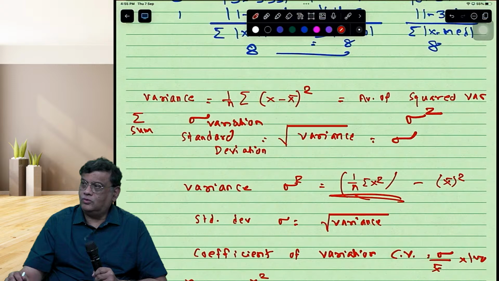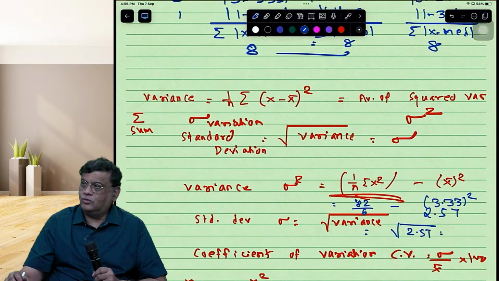Done. So tell me, summation x square, how much did it come to? It will be 182 by 6 and then minus x bar, which was 3.33, squared. How much is the variance? 2.57. So standard deviation is root of 2.57.